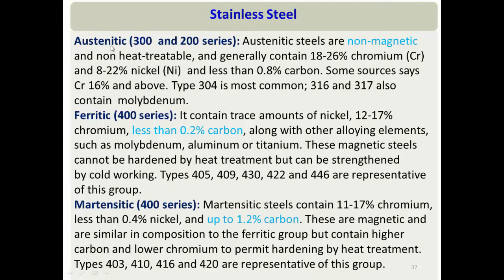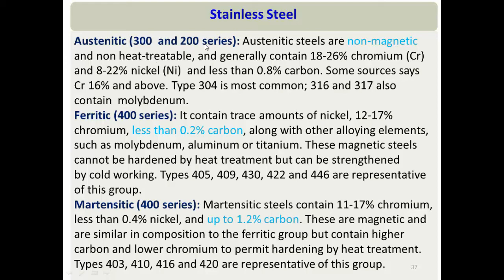Austenitic stainless steel has more than 8% nickel, generally 8 to 22% nickel, and it also contains more than 18% chromium. These are non-magnetic in nature, and they are non-heat treatable. Now what does non-heat treatable mean? By heat treatment, we understand that if the austenite phase can be converted into martensite phase, then that is called heat treatable.